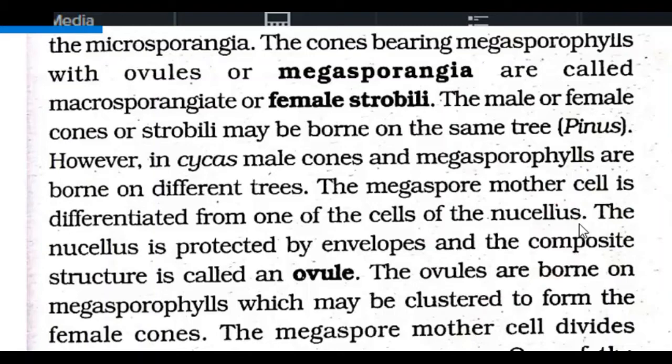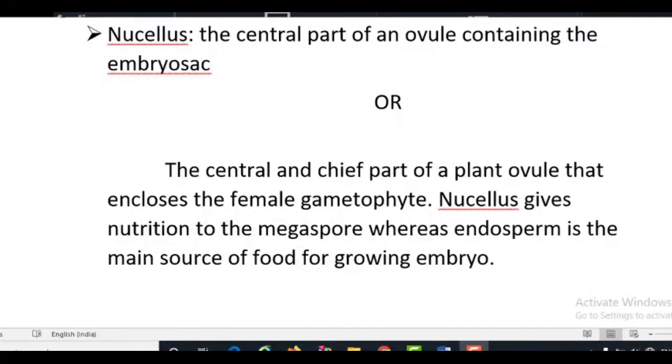So what do you mean by nucellus? Have you heard about this term anywhere? Okay, no problem. Please write down. Nucellus: the central part of an ovule containing the embryo sac.